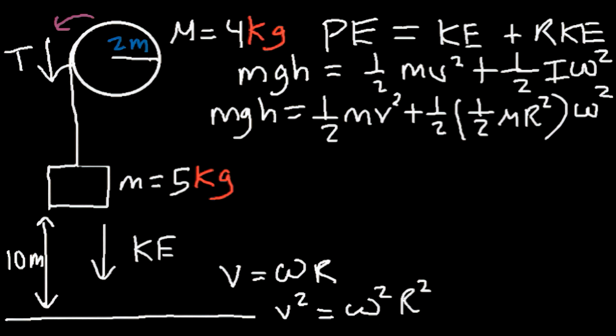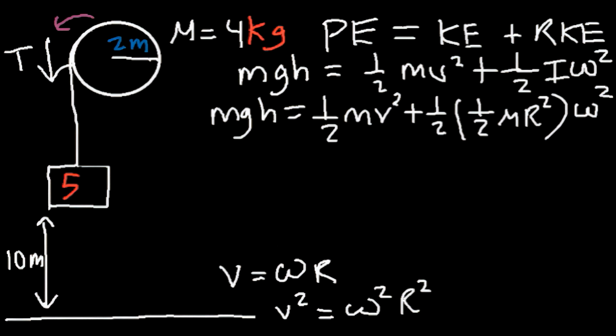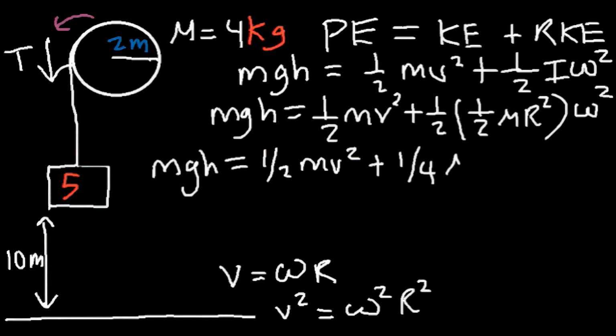So what we now have is mgh is equal to 1/2 mv squared plus 1/4 m, and then r squared omega squared is simply v squared.